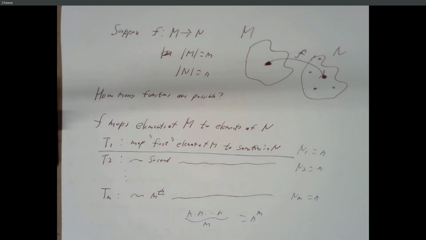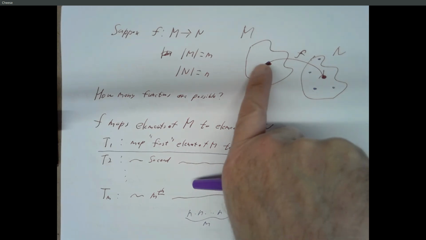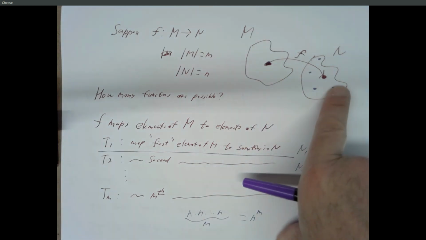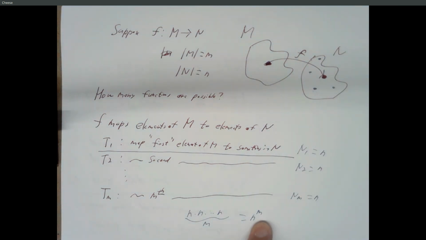In our case of logic gates, we had a 4-input logic gate, so we had 16 values over here, and 2 values over here. So little n was 2, little m was 16, 2 to the 16, that's the number of possible functions. So this is just a general case of what we already did with logic gates.